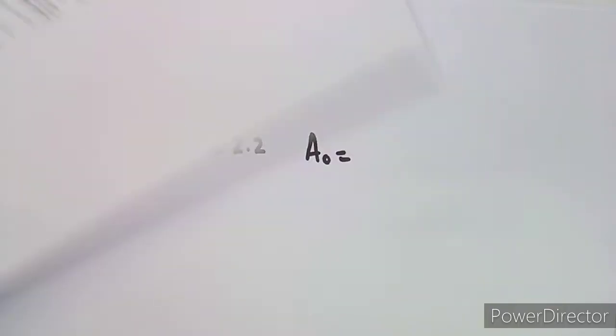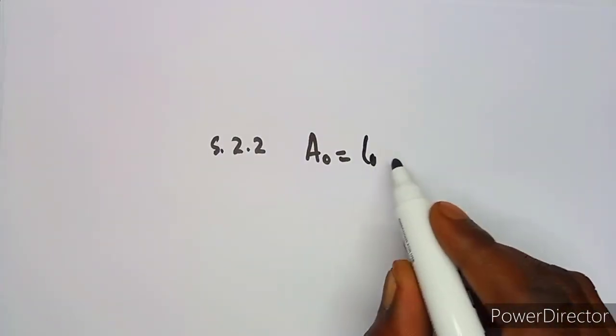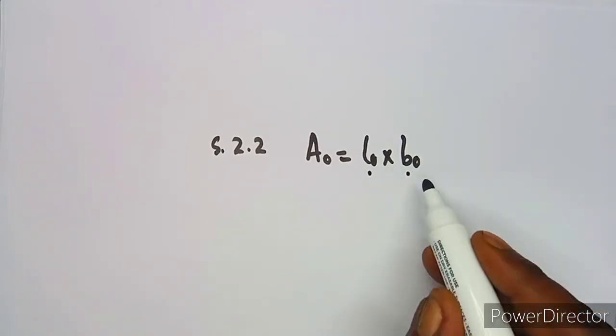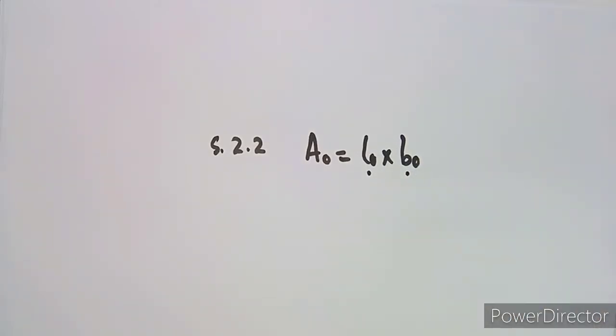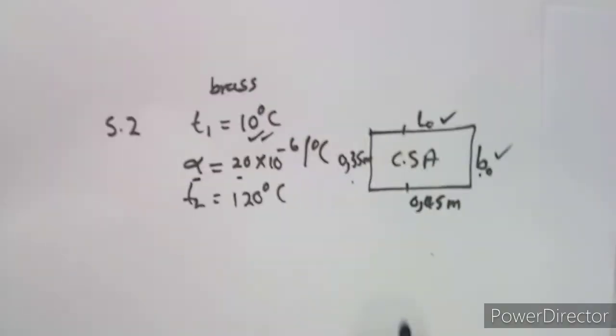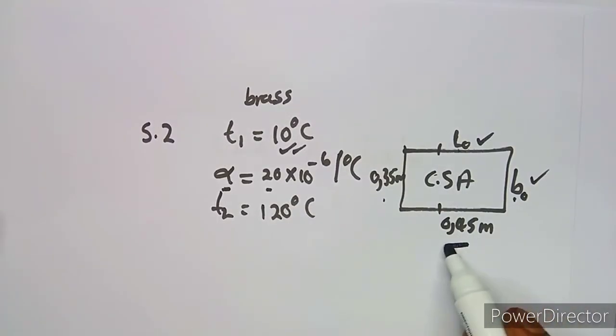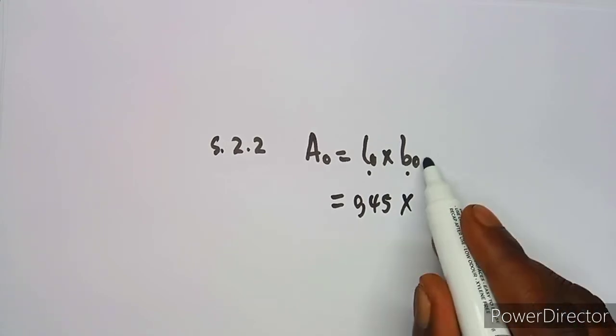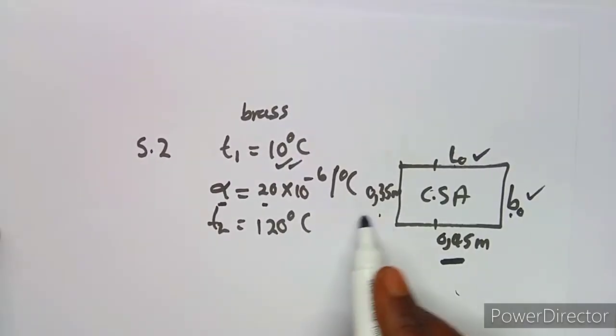We know that the area of a rectangle is length times breadth. So it's going to be the original length times the original breadth. What is our original length in meters? Our original length in meters is 0.45. So that's 0.45 times the original breadth, which is 0.35.